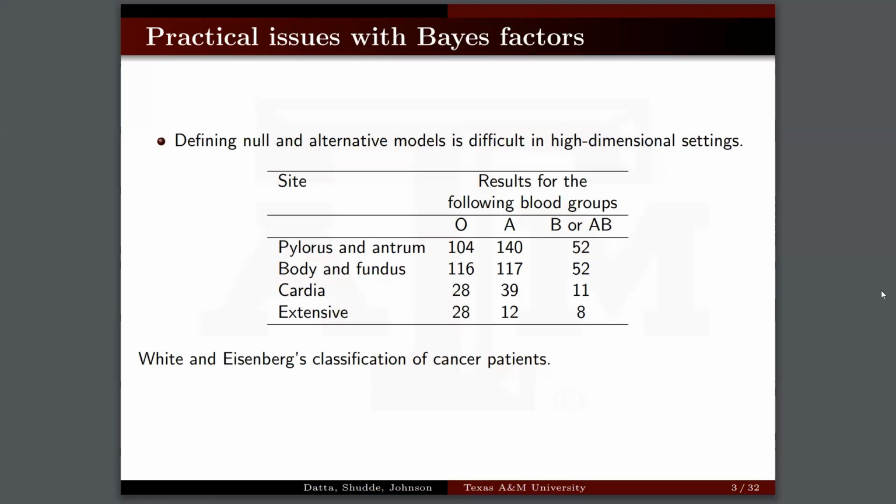Your blood group is going to be the same throughout your whole body, so I'm confused. You're looking for association between two variables, yes. But it doesn't really match what your table is. I don't use this data in the talk; it's just a simple example to motivate it, and it has nothing to do with the presentation going forward.